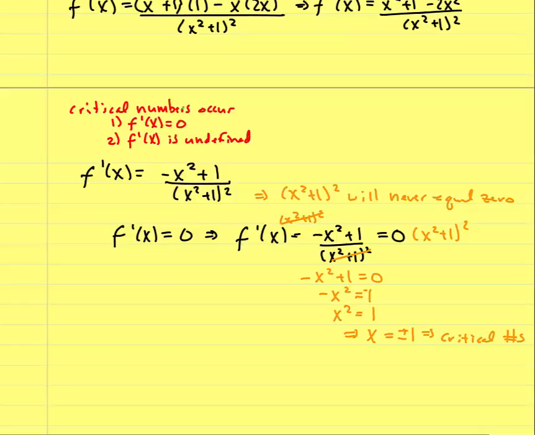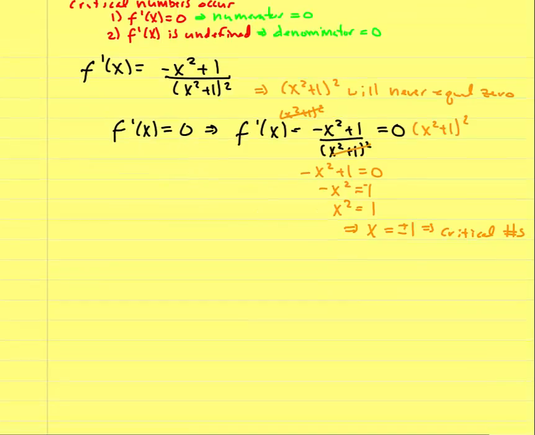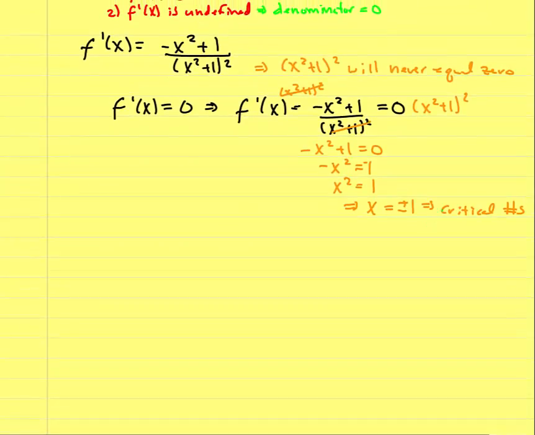This first part basically means when the numerator of a fraction equals 0, and it has to be a single fraction, it can't be the addition or subtraction of fractions. And this is just kind of a loose rule of thumb. F prime of x is undefined when I have that single fraction and the denominator equals 0. So these are the two things I need to look for, but it has to be simplified first and written as a single fraction.